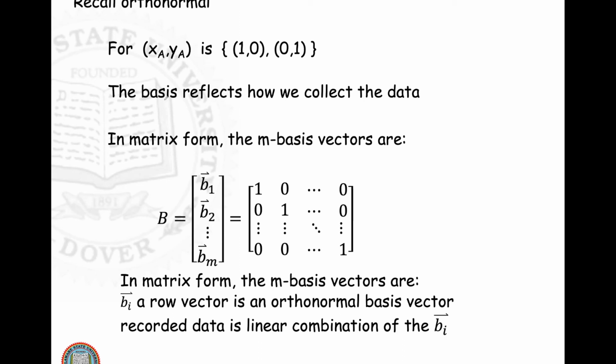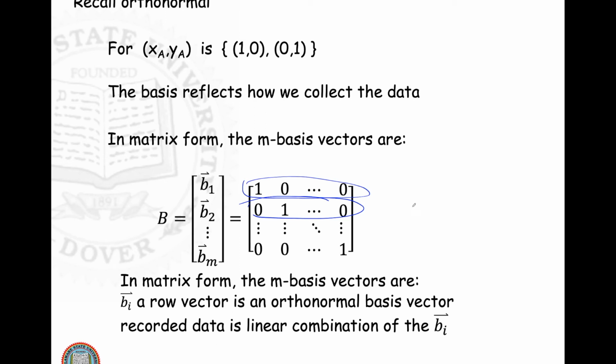And this basis also reflects how we collect data. Now, of course, if we had these m basis vectors, that's going to be represented in matrix form as one of these rows. So there's the first basis vector, here's the second basis vector. If I take the dot product between any pairs, it's always 0. They're orthonormal, and the norm of each one is unit.